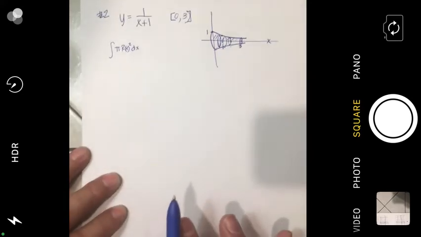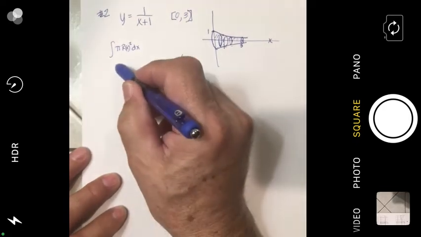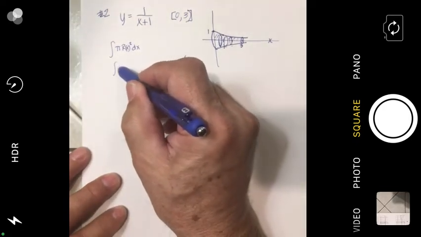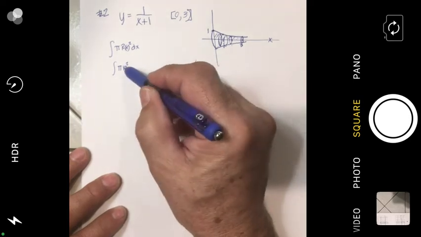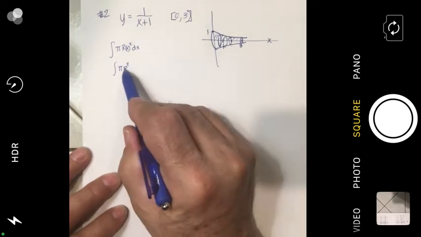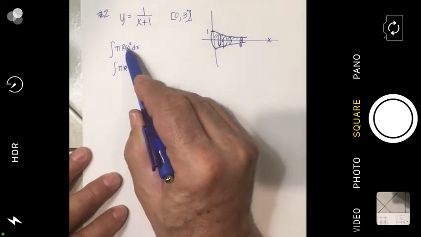No, that's not what it's saying. And that's why I don't use this notation. It's pi, the radius squared, but the radius has to be written using x's. That's what they're trying to say here.